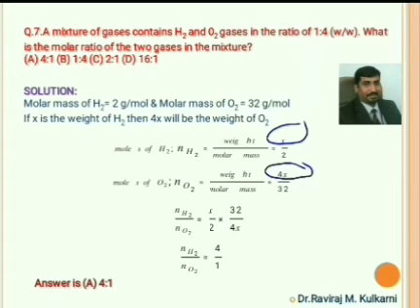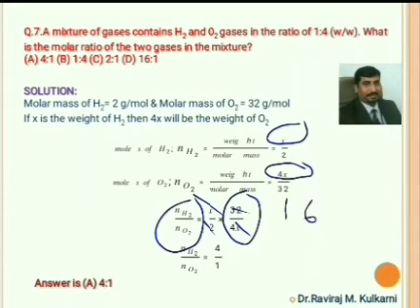So x by 2 divided by 4x by 32, that's the ratio. I can multiply it now by 32 by 4x. So this x you can cancel. 2 ones are 2, 16, again you can write 16, 4 ones are 4, so 4 divided by 1.